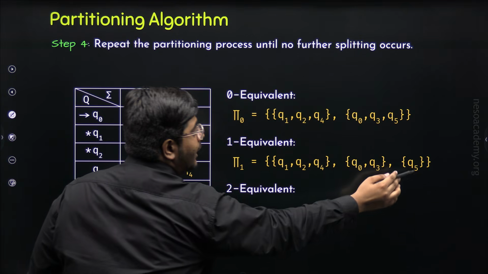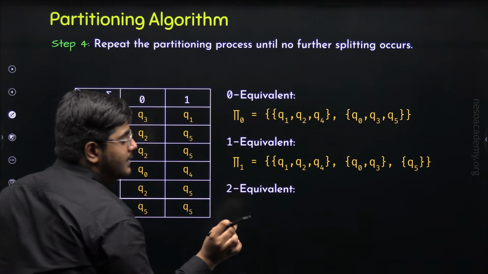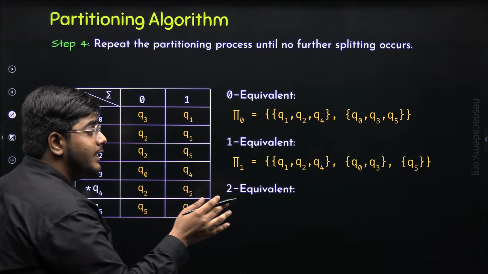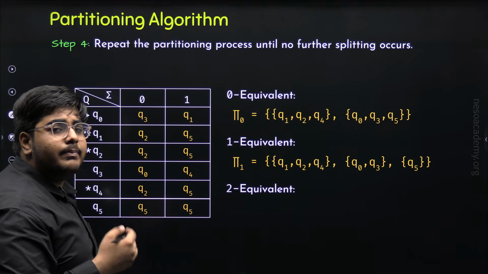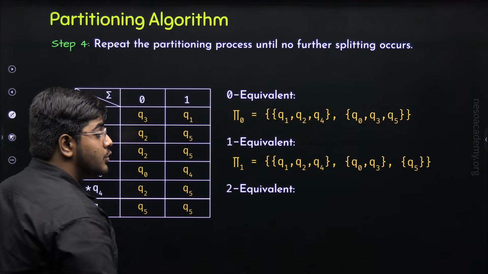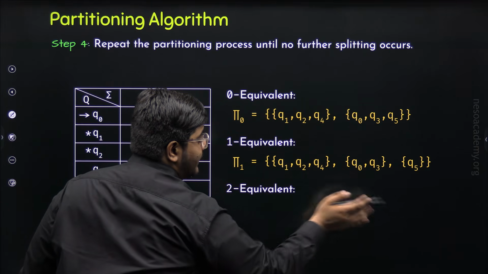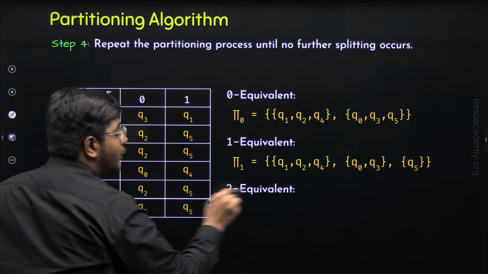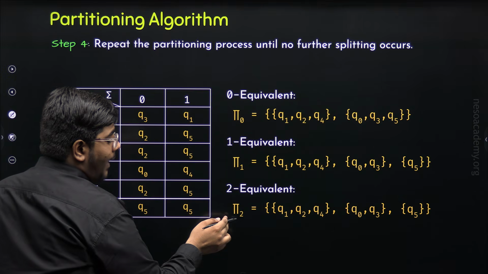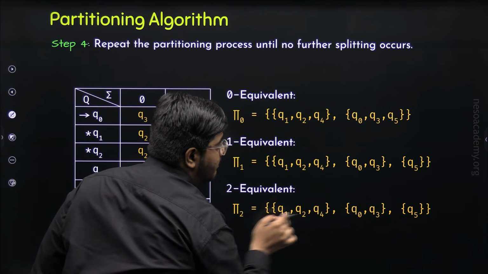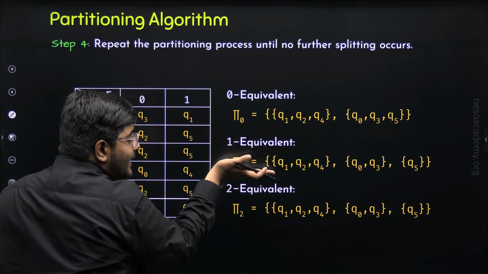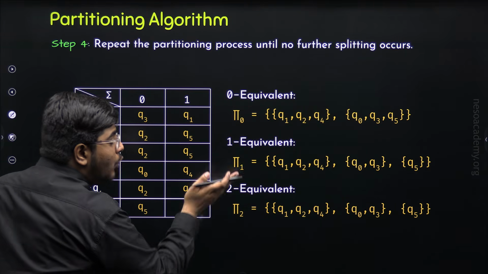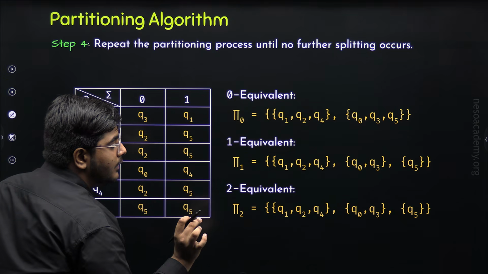Now let's talk about the third partition, which contains a single state Q5. Since this partition only contains a single state Q5, this cannot be checked with any other state. So this partition will also remain as it is in our 2 equivalent. So finally, we will get our 2 equivalent as pi 2 containing all 3 partitions that are exactly the same as the 1 equivalent, which means no further splitting has occurred.